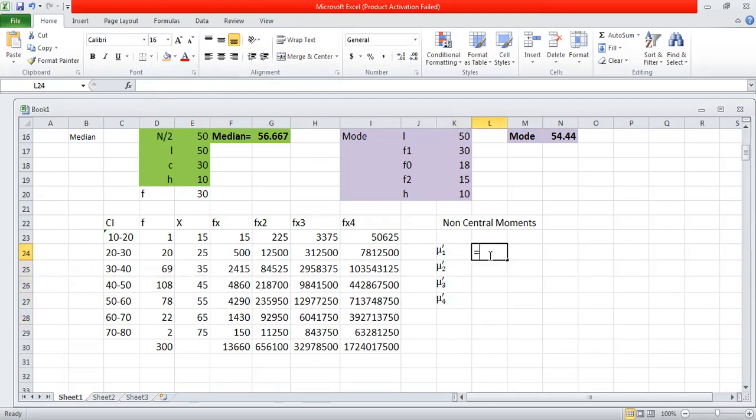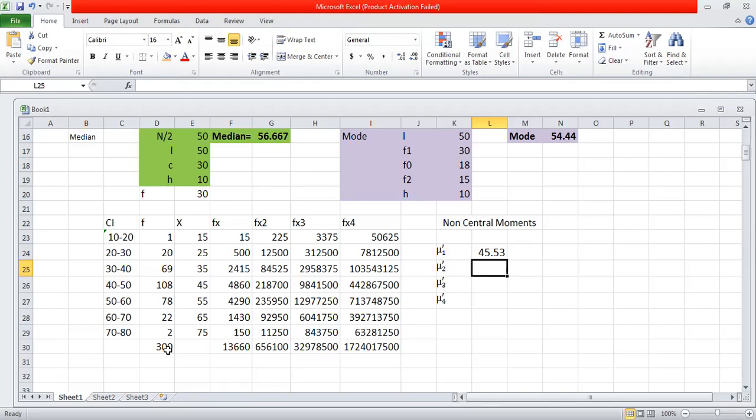So first coming to mu1 dash, the formula is 1 by n summation fi xi, the summation fi xi divided by n. So this will give you the first moment, that is 45.53. So this is the mu1 dash value, 1 by n summation fi xi.